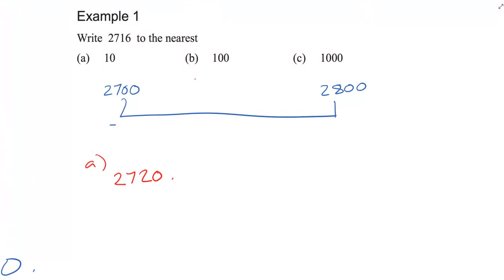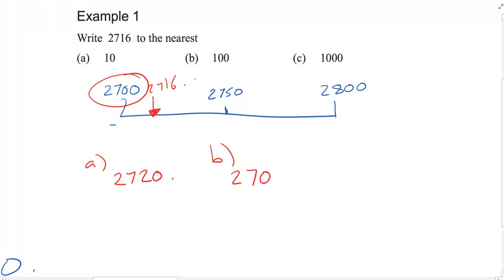So where does 2716 fall? Well, that middle value is 2750. So 2716 is going to be less than that. It's going to be here. So clearly, the choice is going to have to be 2,700. So B, 2,700.